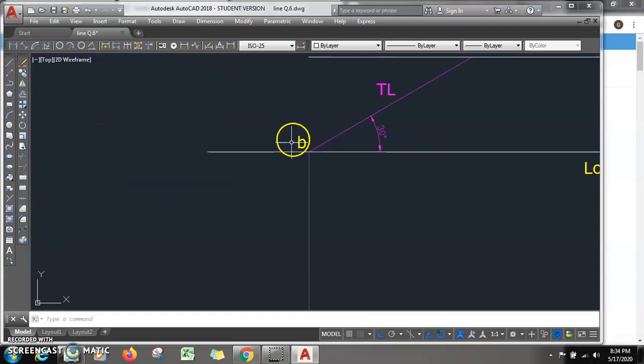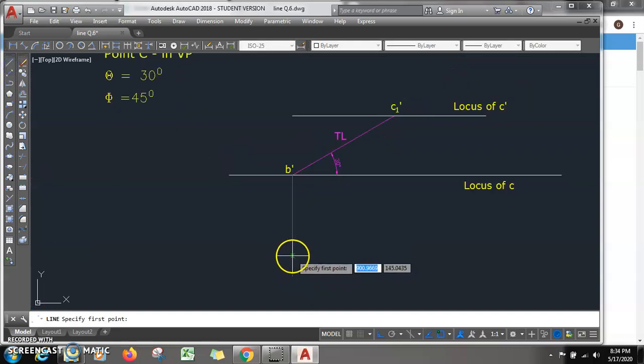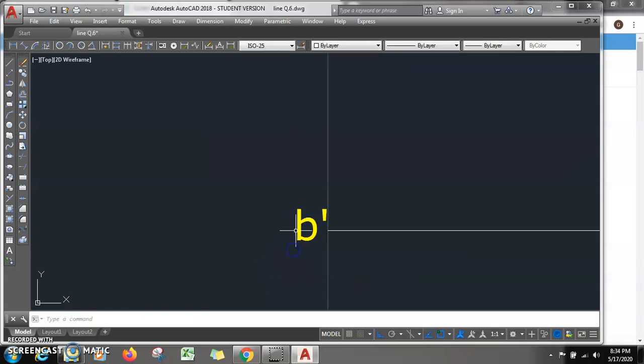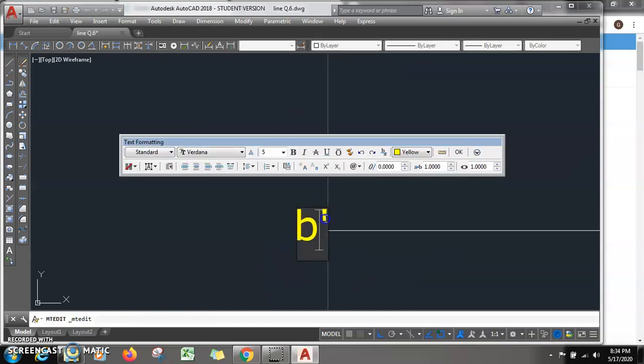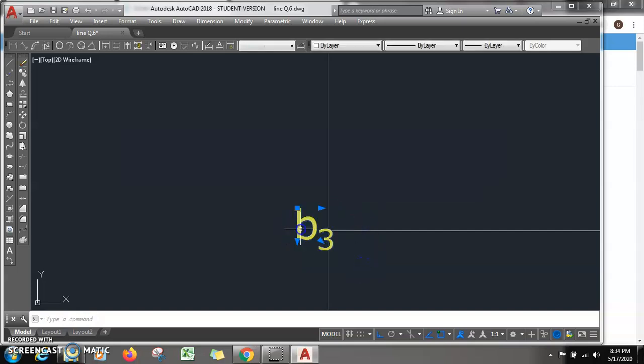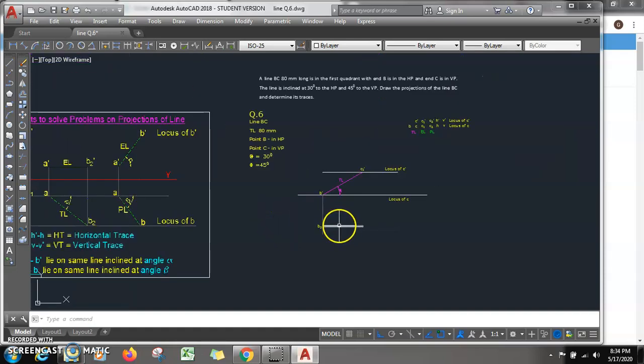So at any point on this line, I will draw one horizontal line. This is not the final B, so it will be called B3, because this is an arbitrary position, not the original position.